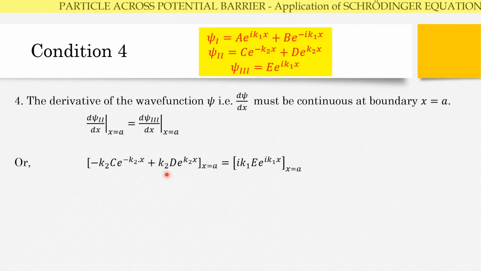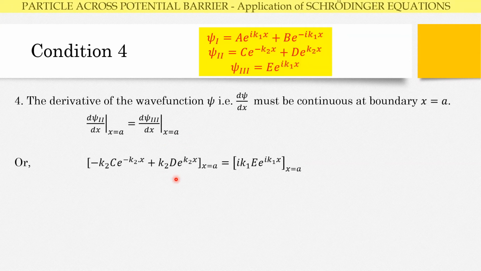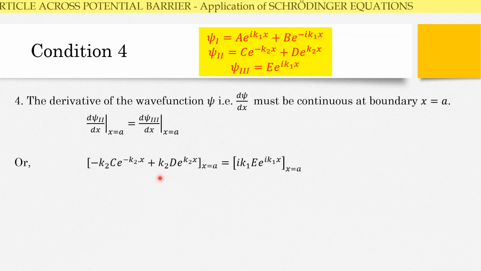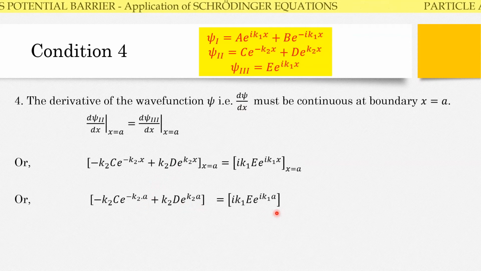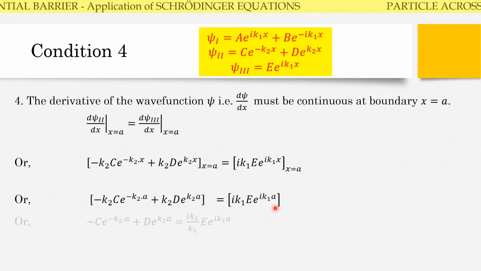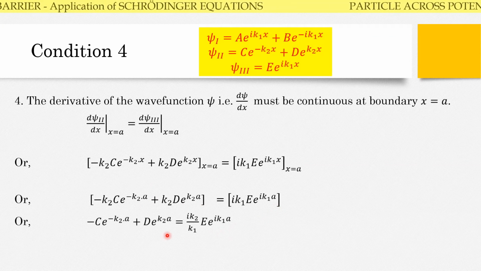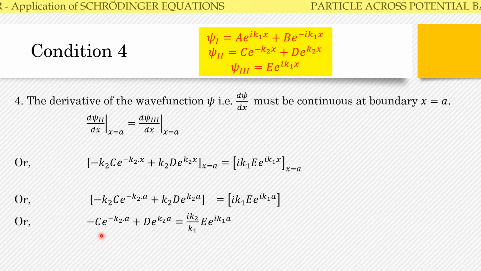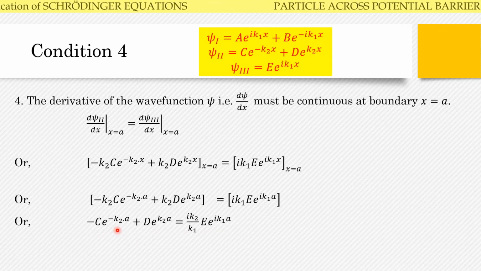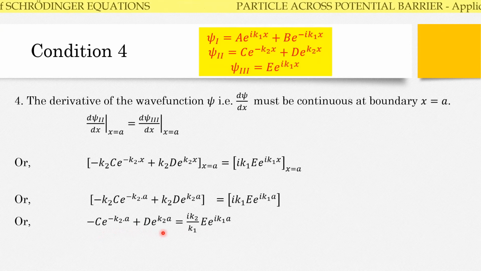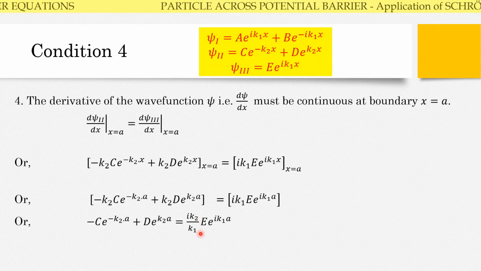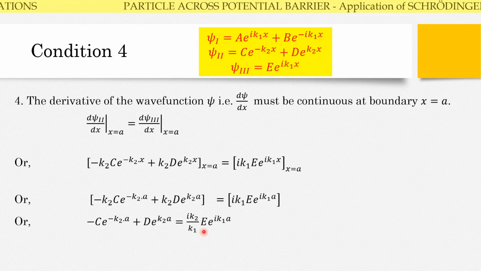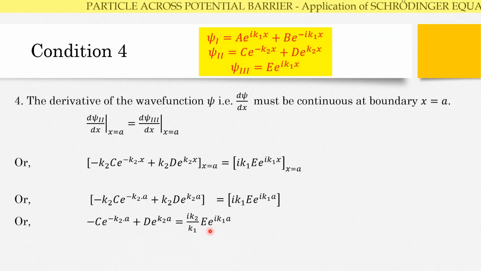So take derivative from these two equations, and after taking derivative I replace all the x by a in the equation and finally arrive at the result minus C exponential minus k2 a plus D exponential k2 a is equal to iota k1 over k2 into E into exponential iota k1 a.